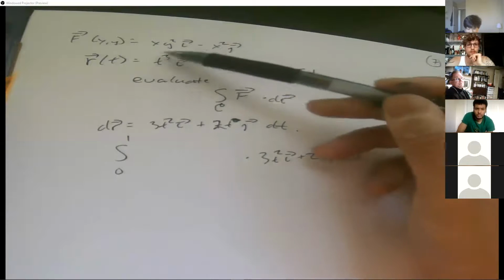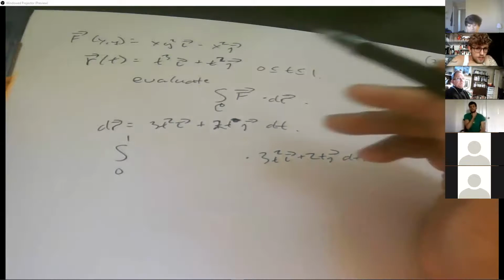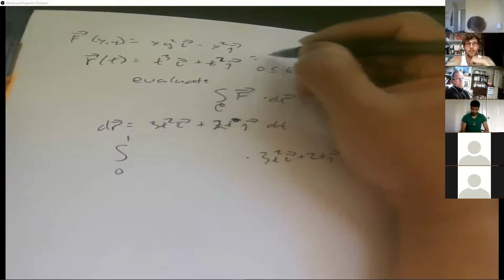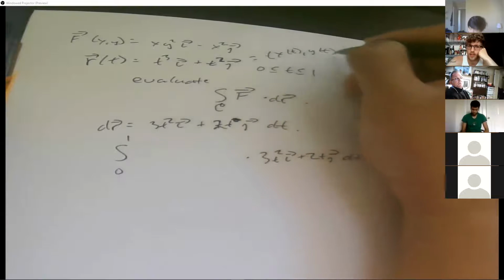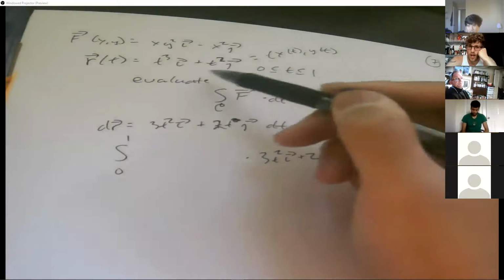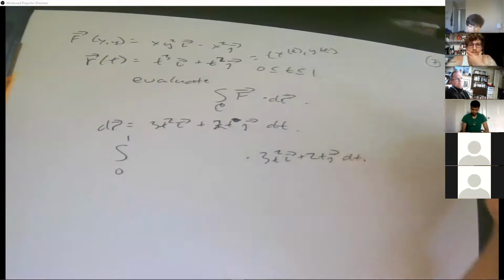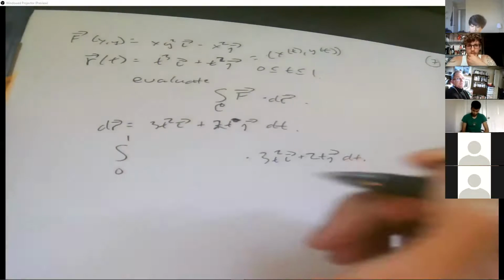What do these things mean? Well, t cubed would be equal to x, and t squared would be equal to y. Yeah, remember, r of t is x of t, y of t, right? We're writing it in this ij notation, but it can also equally be expressed like this. Right? So what should go here?